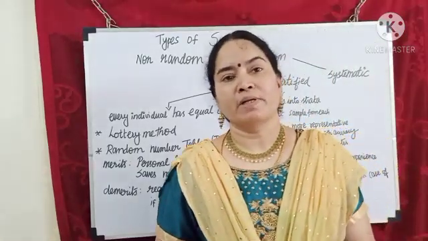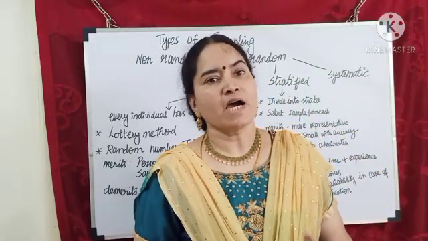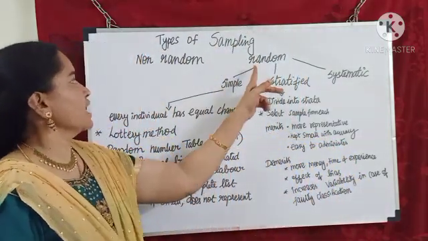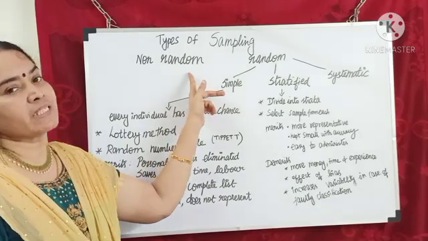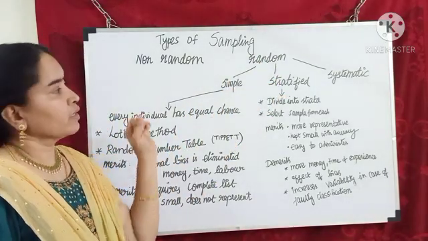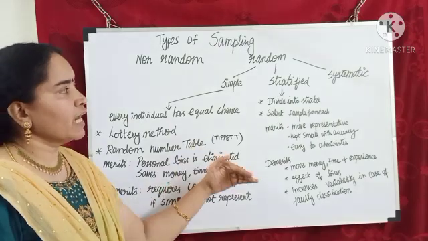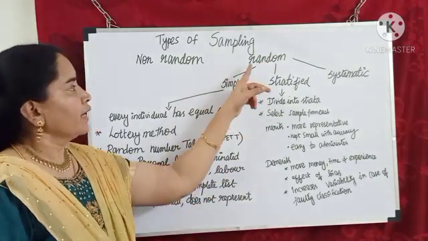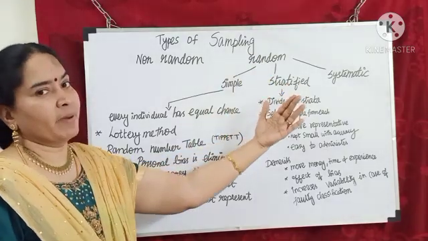Types of sampling. What are the types of sampling? We have two types, non-random sampling and random sampling. In this section, we are going to learn about random sampling. Random sampling, there are many methods.